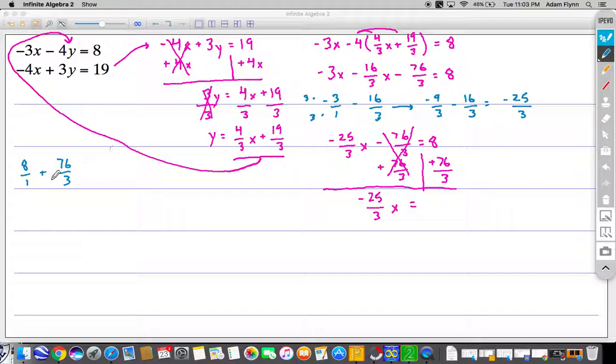So my common denominator will be 3, so I will multiply the top and bottom by 3 on the left side. So when we do that, we end up getting 24 over 3 plus 76 over 3.